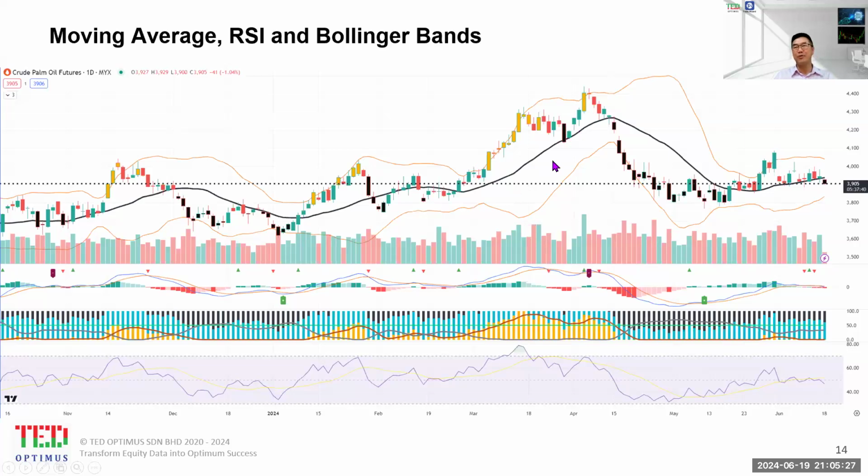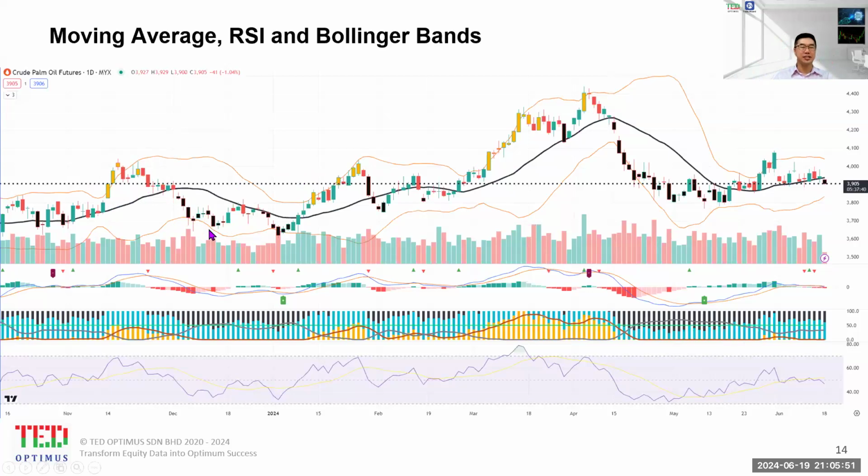For my application of Bollinger Band, I would say the original definition of how to use it is more suitable for sideways markets. Sideways meaning that when the price touches the upper band, very likely it will go down.